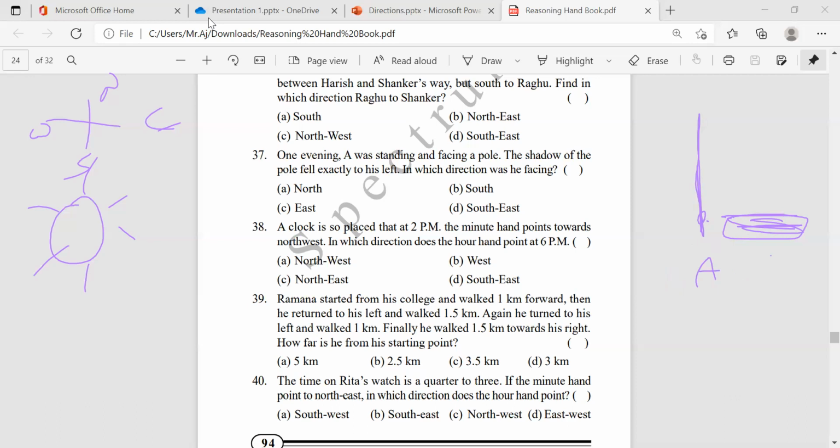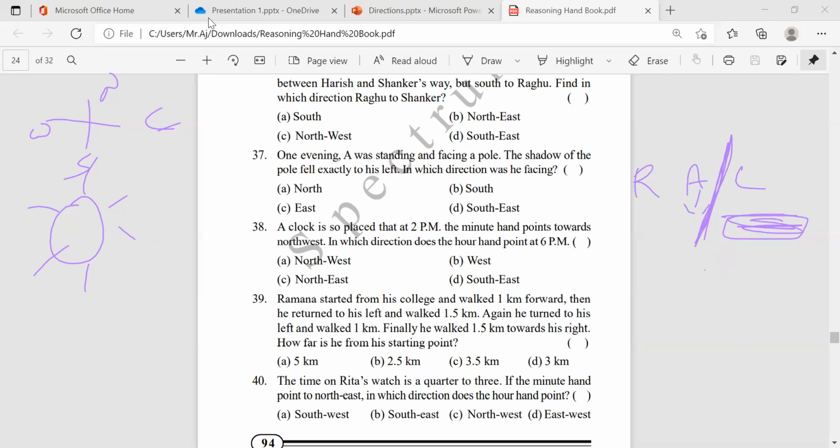So this is the left, you have to consider this the left. Left means it's south only. The person is facing south. A is here, facing like this, and this is the pole. And on the left side, facing south means the shadow will be on the left side. Okay, done.